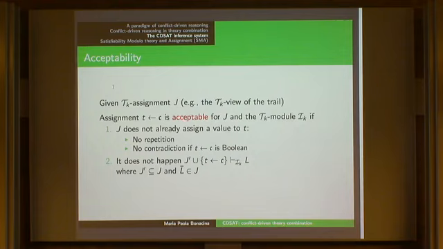It is acceptable for the given assignment and the theory module for this theory if two conditions, 1 and 2, are satisfied. The first one simply says that J does not already assign a value to T.